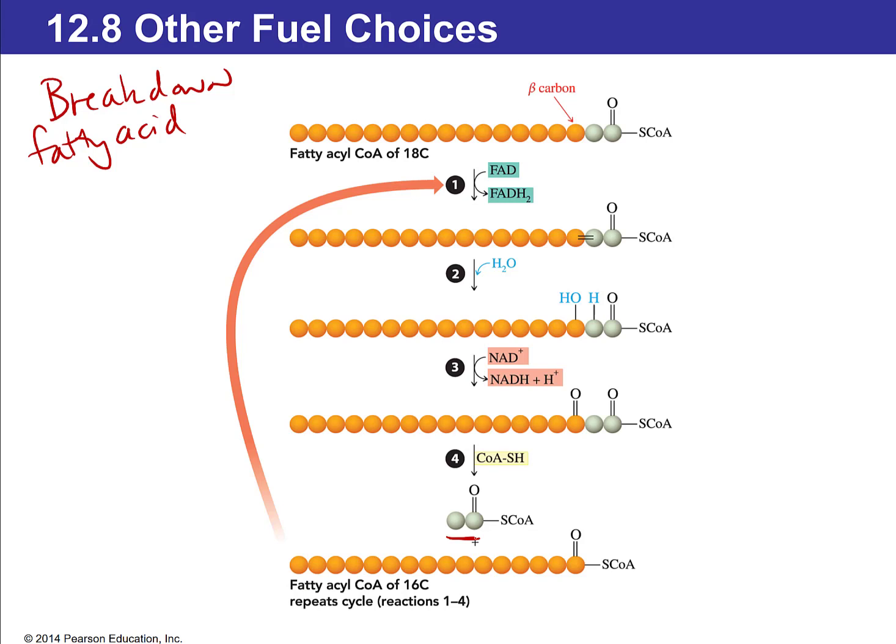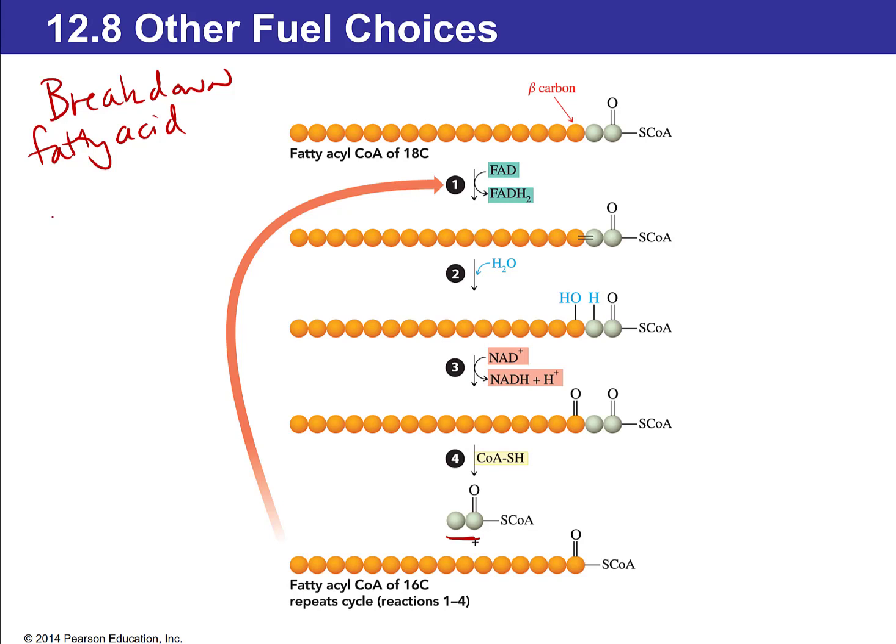So remember the 2 carbon group that goes into the TCA cycle? You can make 9 of those. You can run the TCA cycle 9 times. Glucose, you only run it twice. So this, you have lots of TCA cycles.